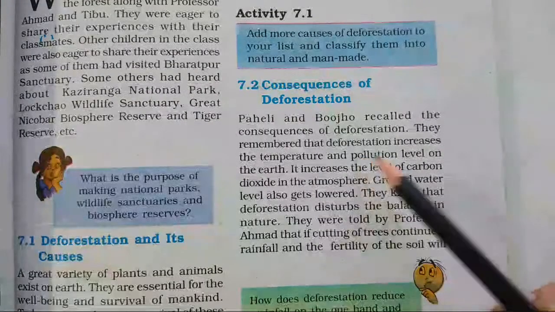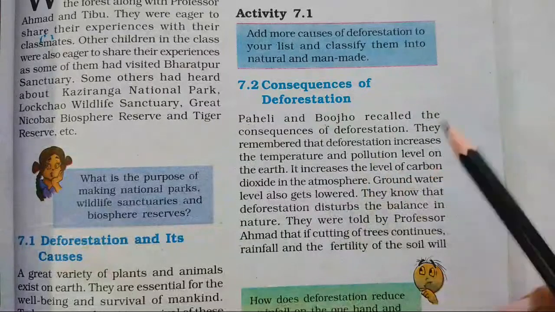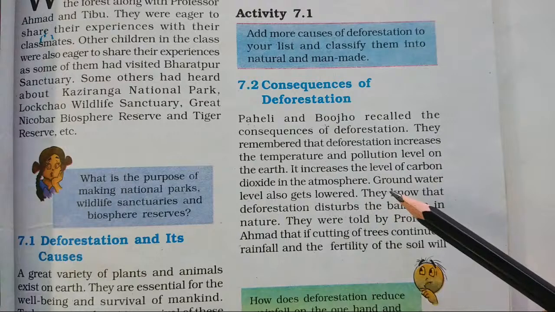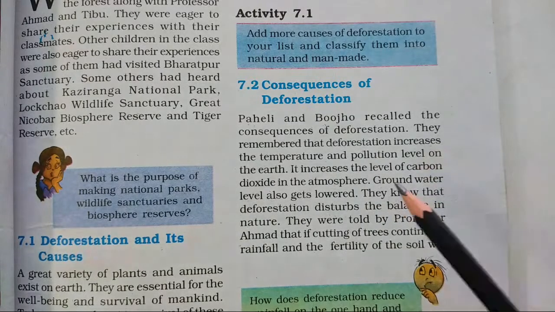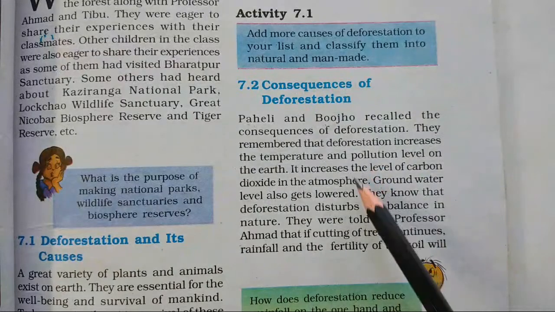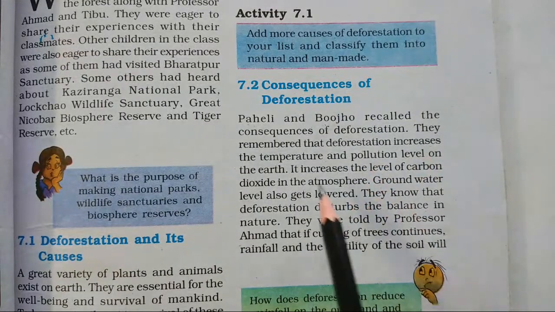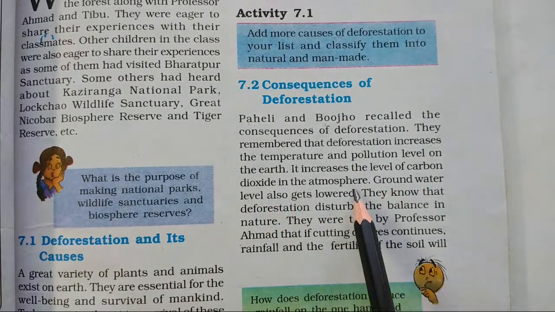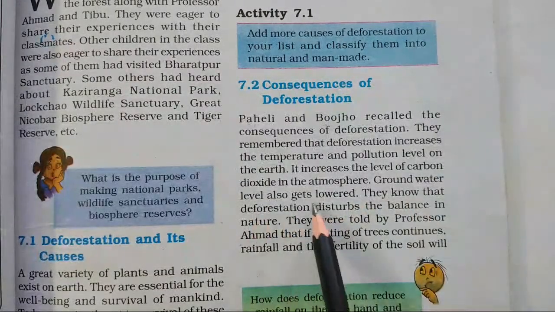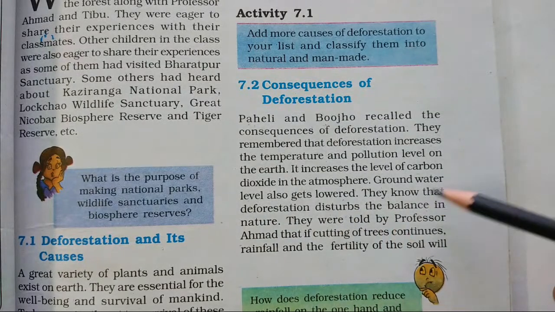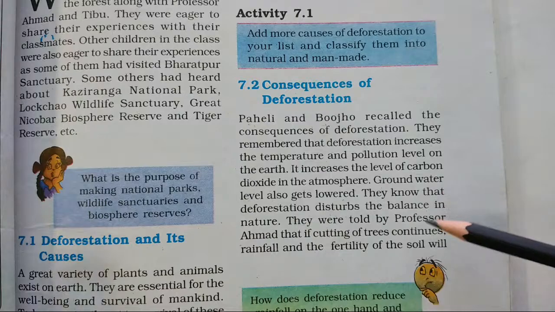Because if there are no trees or fewer trees, then the amount of carbon dioxide will increase, which will cause the greenhouse effect. That is how the greenhouse effect raises the temperature of the earth. And here it is given: the level of carbon dioxide in the atmosphere increases, and the groundwater level also goes down.